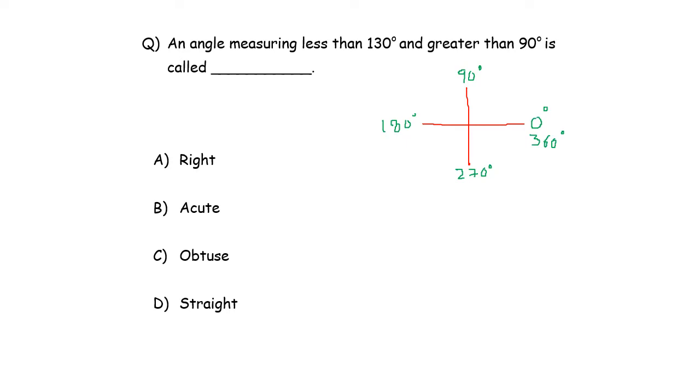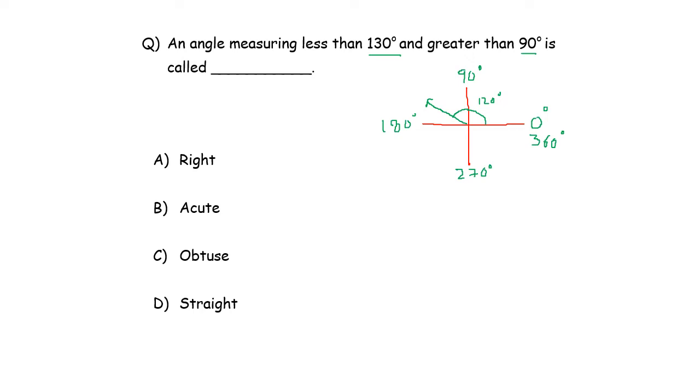So they are talking about less than 130 but more than 90. So it will be somewhere here, right? Say for example less than 130, so maybe 120. If this angle is around 120 degrees, I'm just taking an example which is less than 130 and more than 90. So 120 is a good example because 120 is less than 130 and more than 90.